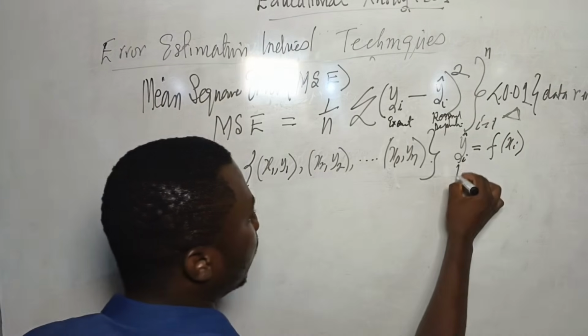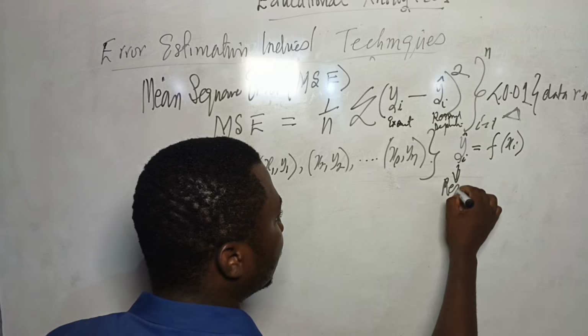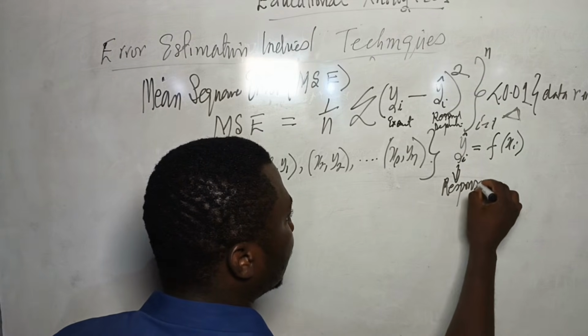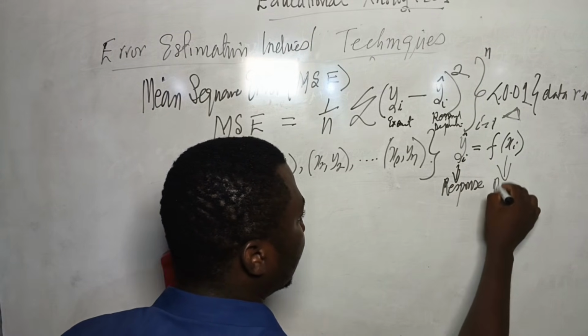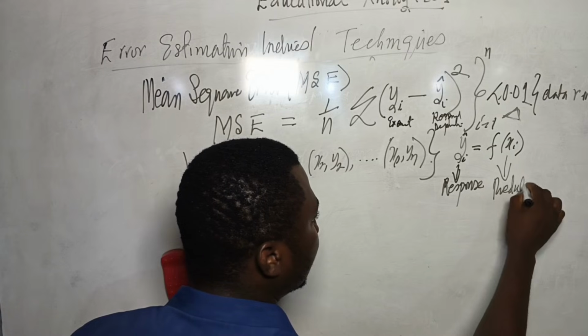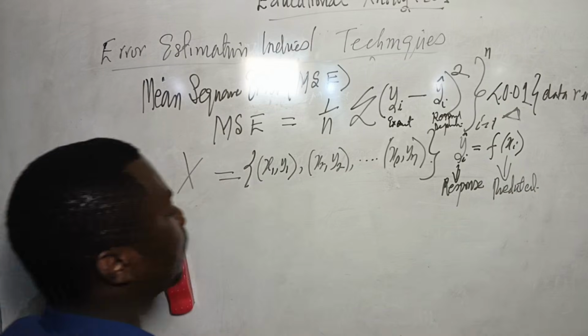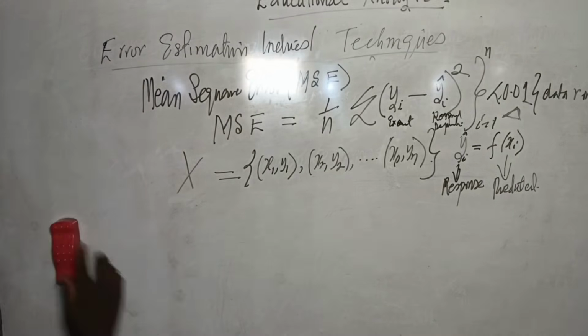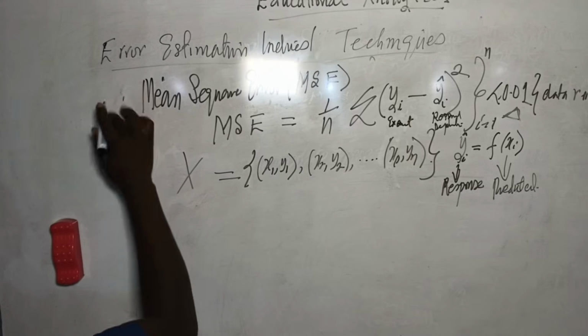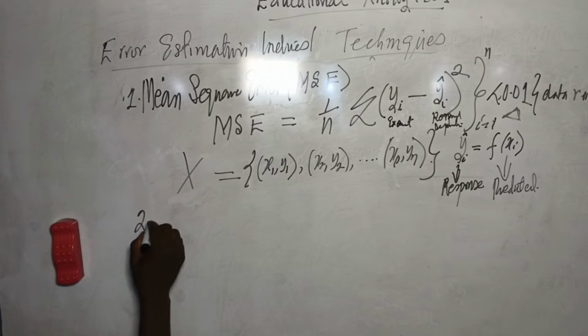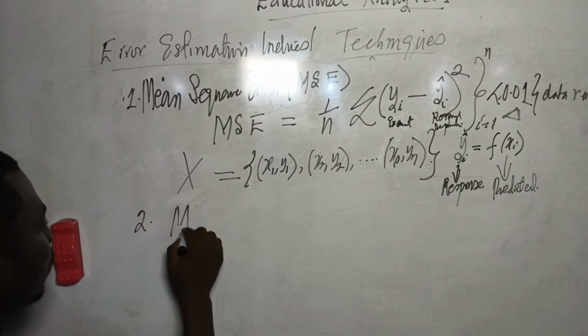So this is the response, and this is the predicted. Okay, we need to consider the second one, which is the mean absolute error.